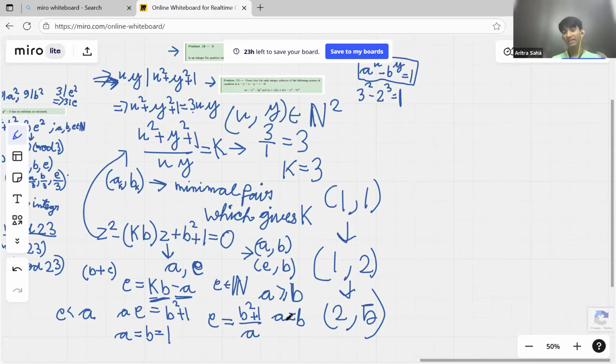I was thinking if C is not a positive integer, then the idea that C is less than A won't work, right? Because you can get 1 and then 0 and then -1 and so on. That won't work if C is not positive. So if we have negative integers, if we just have integers, then should we discard this idea, or is there a workaround?